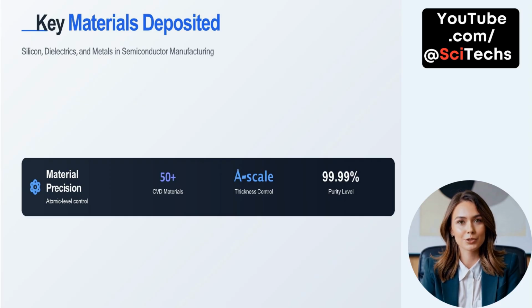Such control is essential for scaling and integration. Additionally, purity levels in CVD processes reach as high as 99.99%, minimizing contamination and improving electrical performance. The combination of atomic scale thickness control and ultra-high purity is what makes CVD indispensable in modern semiconductor fabrication.